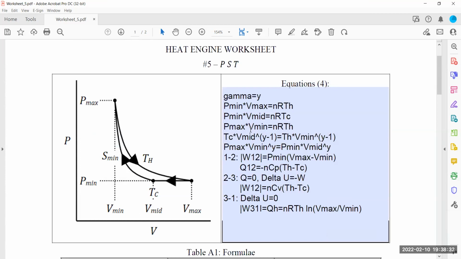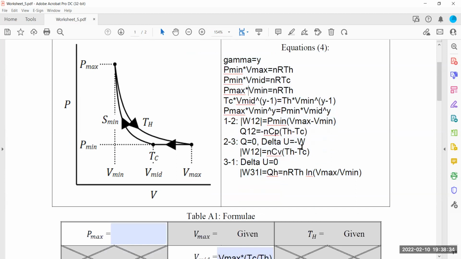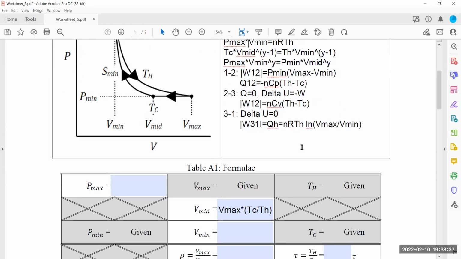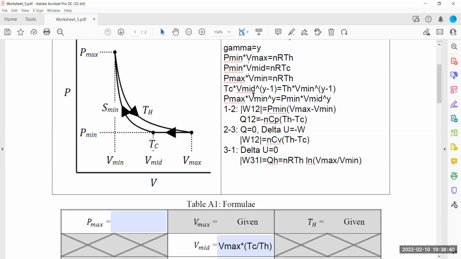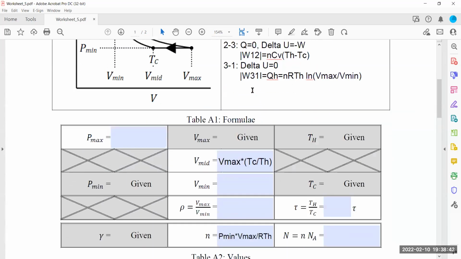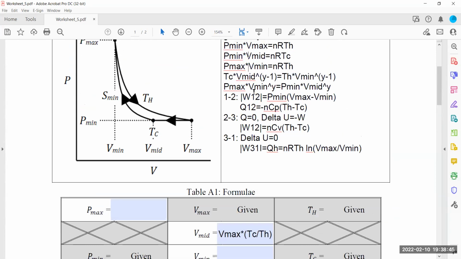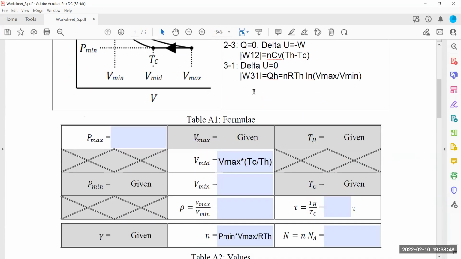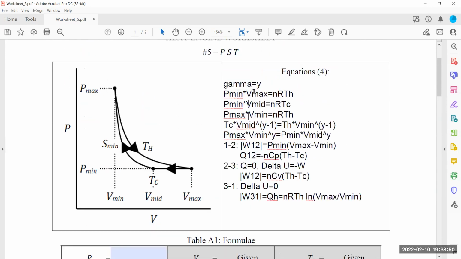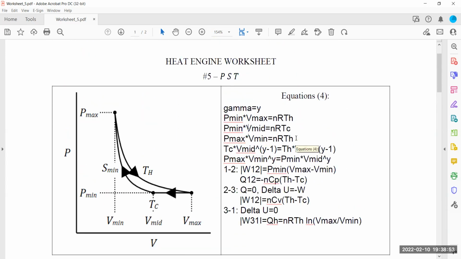Now we can take this to find V min. Am I missing another equation or am I overthinking it in here? V min equal to nRT_H. Yeah, P max V min is equal to P min V max.